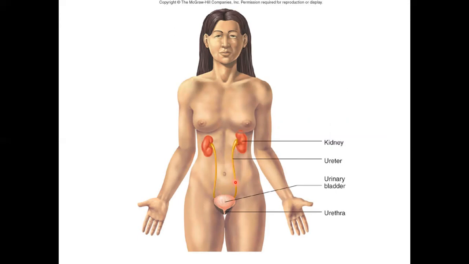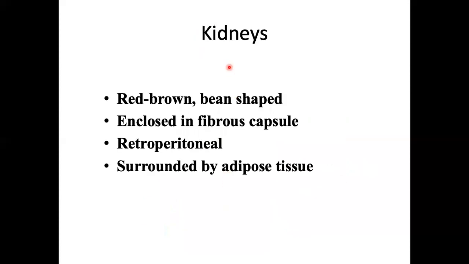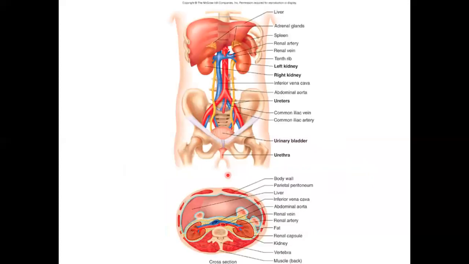The ureters are actually smacked sort of up against the backbone, your vertebrae, for protection. And then the urinary bladder sits really low, and then your urethra. Your kidneys are red-brown. They're bean-shaped. They have a fibrous capsule surrounding them. They're retroperitoneally located, and they're surrounded by adipose tissue.